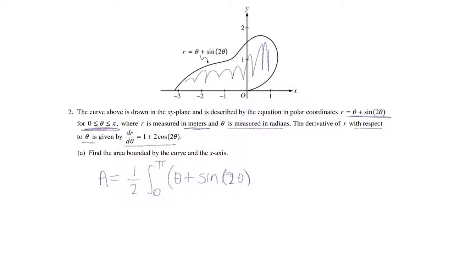So sine 2 theta, let me fix that. Much better. Squared d theta. And so I think that would be it. Just type all of that in your calculator and let's see. So that area is going to be approximately 4.382.